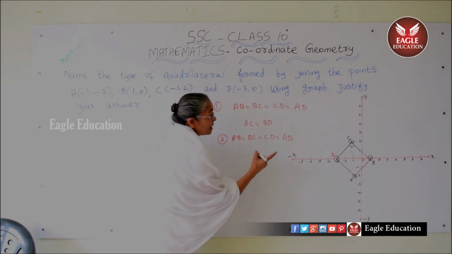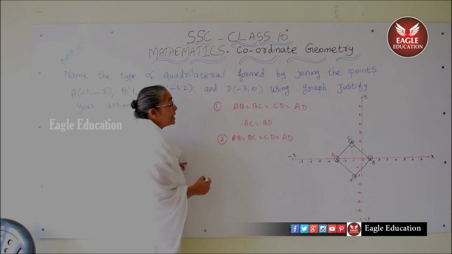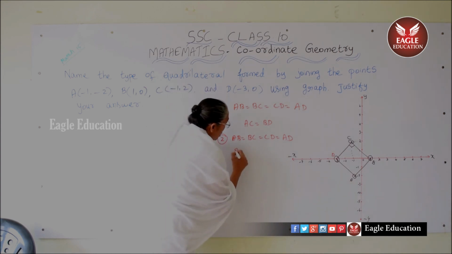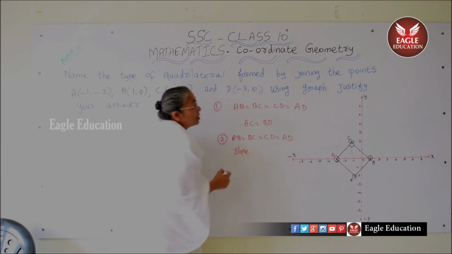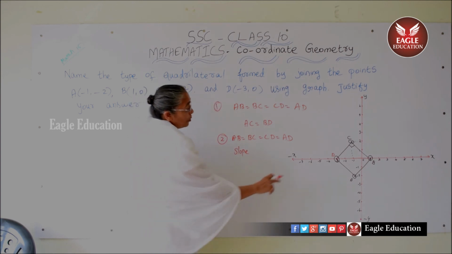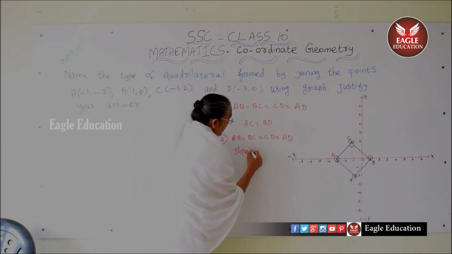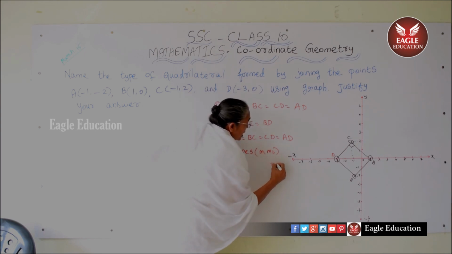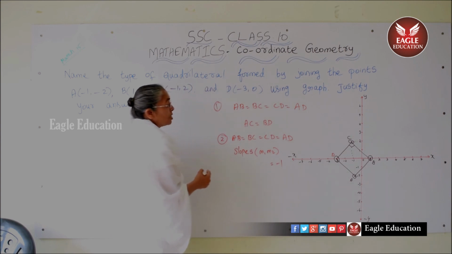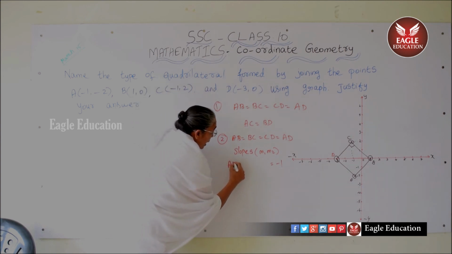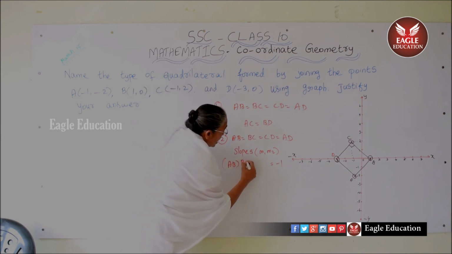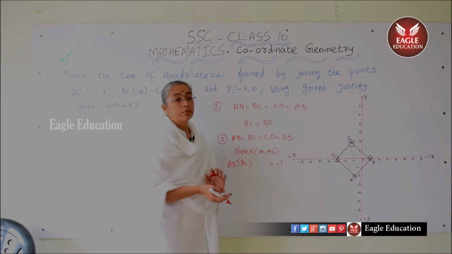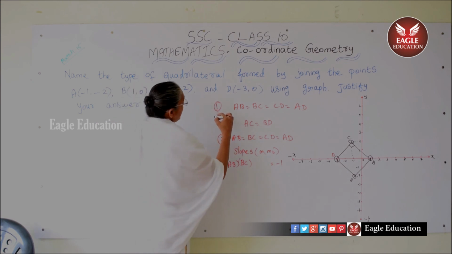To prove they are perpendicular, we can prove that the product of the slopes, M1 into M2, is equal to minus 1. Which slopes can we consider? AB into BC, BC into CD, etc. So we will prove using this first condition.